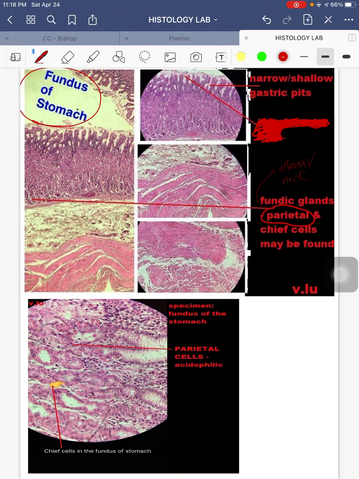So we have to take note again of the tunica mucosa, submucosa, muscularis externa, and serosa. But we will focus on what features will help you distinguish the fundus from the pylorus. So first, the fundus of the stomach has narrow or shallow gastric pits.